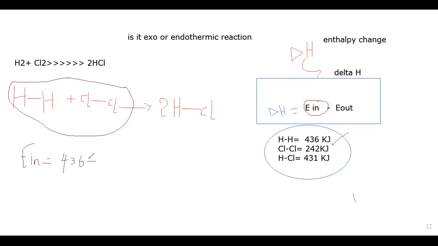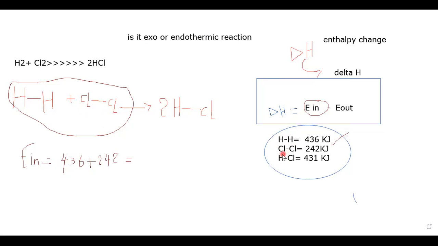plus. What I have else here, Cl bond Cl. What is the value of Cl bond Cl? 242. So I will write 242. Do you have any reactant else? No. That's okay. So H bond H, 436 plus Cl bond Cl, 242. From where can I get this number?